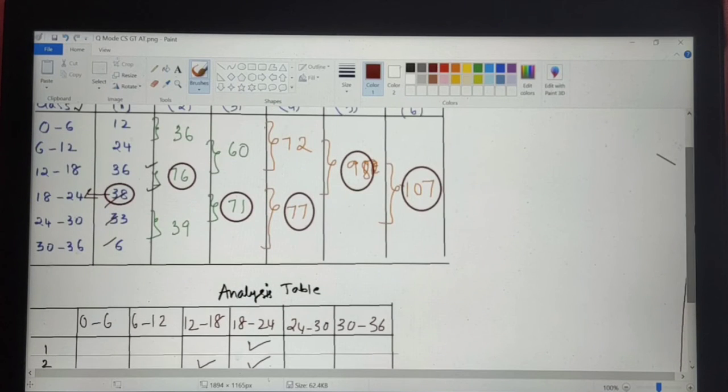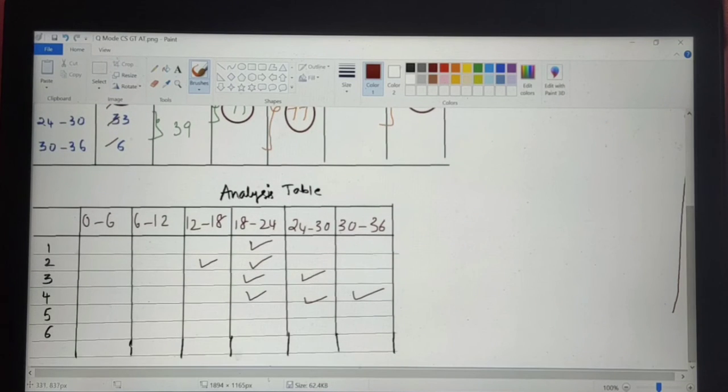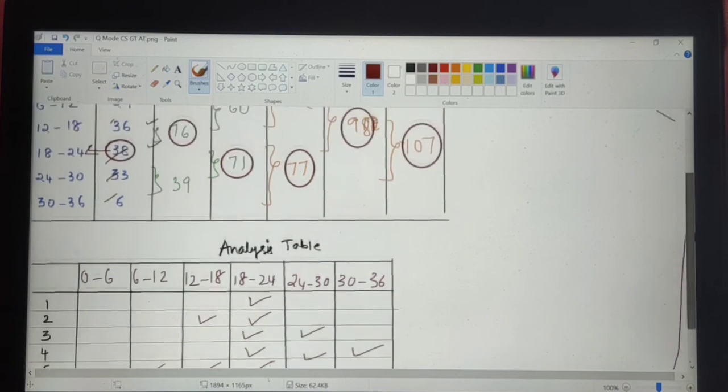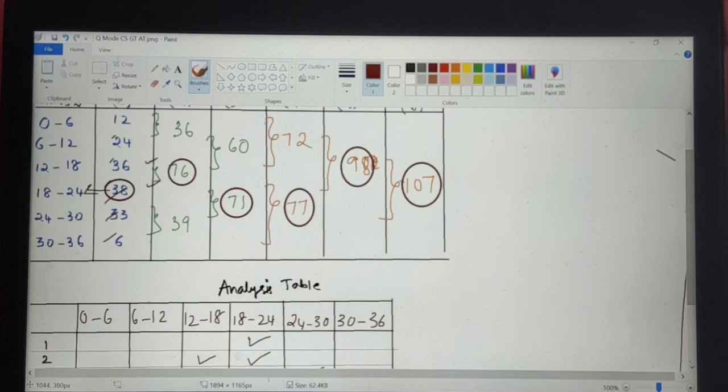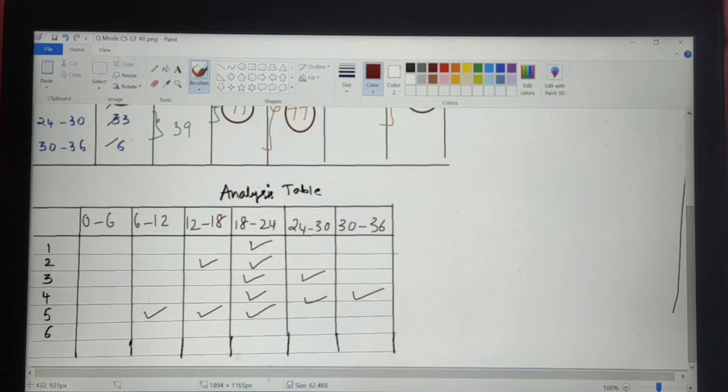In the next column we have 98 as the highest value, which we got by adding 24, 36 and 38. So my classes are 6 to 12, 12 to 18 and 18 to 24. In the last column, 107, the corresponding classes are 12 to 18, 18 to 24 and 24 to 30.